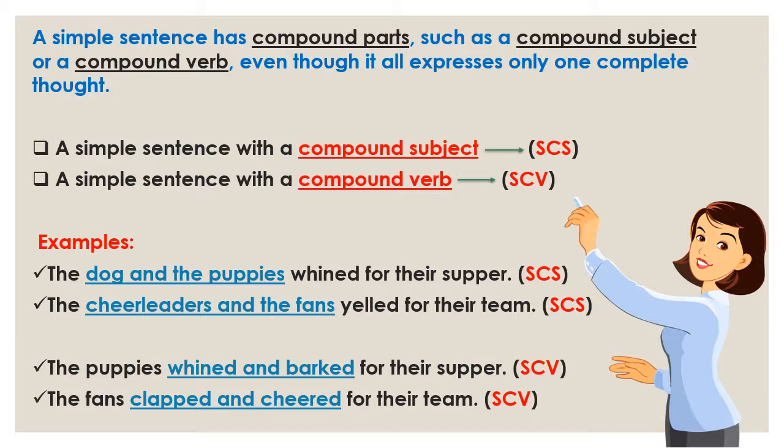SCV. The S is simple sentence. CV is compound verb. S again is a simple sentence. CS is a compound subject. Please, you have to be careful and write this down, all of it. I hope you understand it all in a very simple way and very clearly.